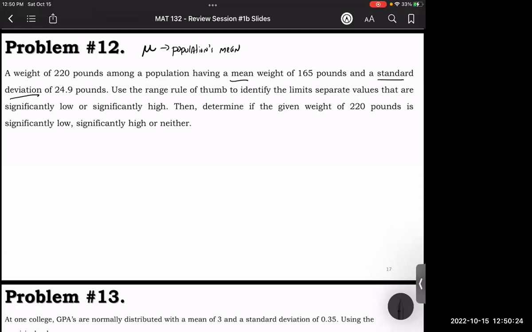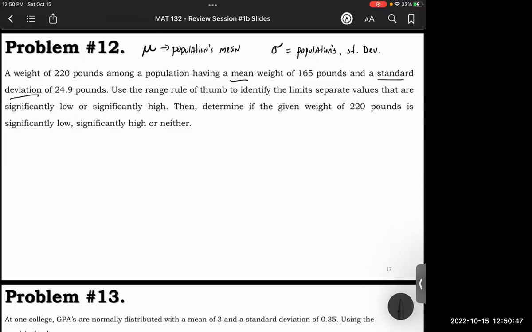On the other hand, for the standard deviation, we use something called little sigma. It looks like you're drawing a cherry. So this is your population's standard deviation.